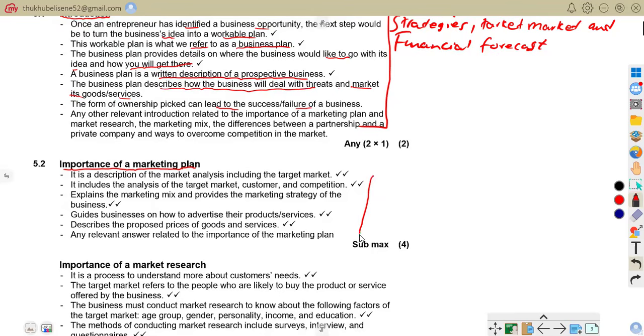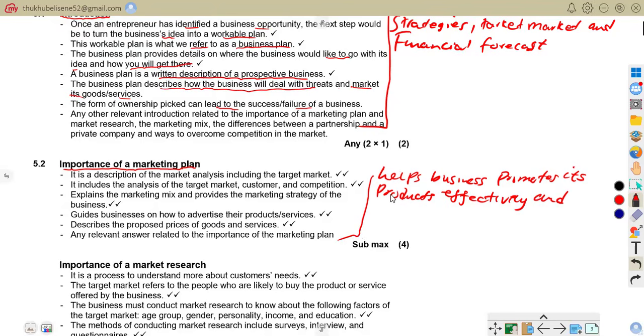We know very well that a marketing plan helps a business promote its products effectively and reach its target market.